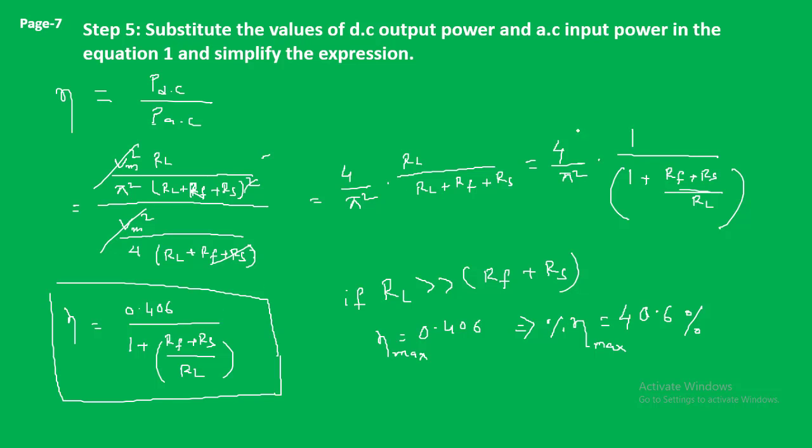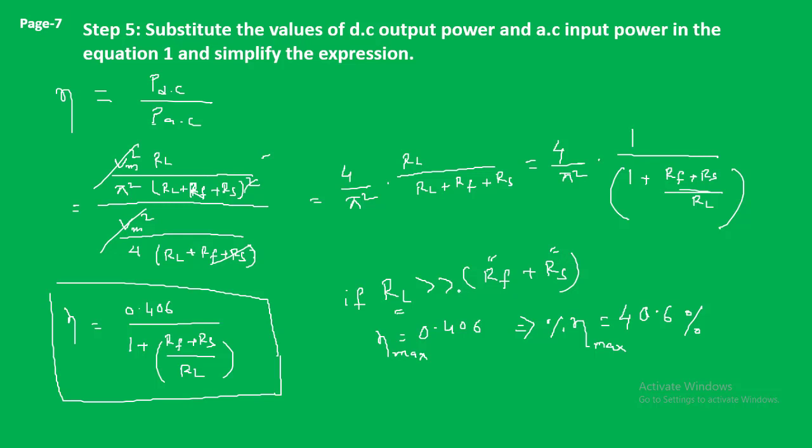Now if we calculate this, 4 by pi square is approximately 0.406. So eta is 0.406 divided by 1 plus RF plus RS by RL. That is the final expression for the efficiency of a half wave rectifier. Interestingly, the load resistance is generally much greater than the diode forward resistance and the source resistance.